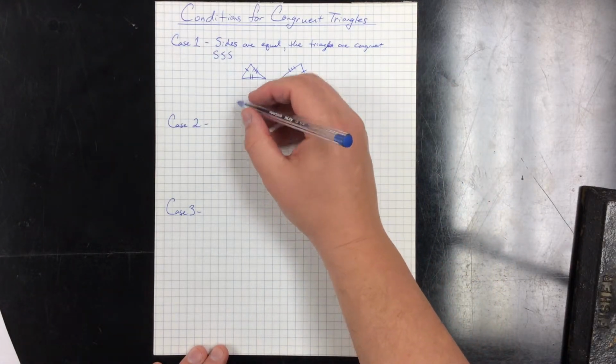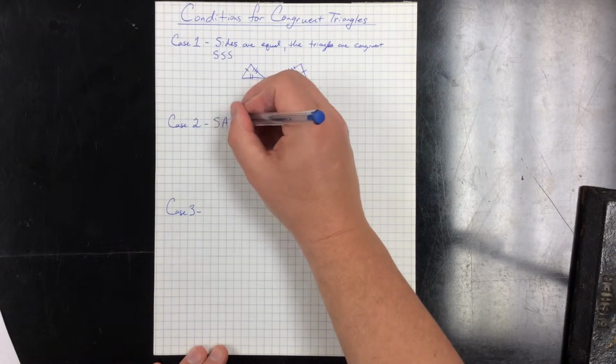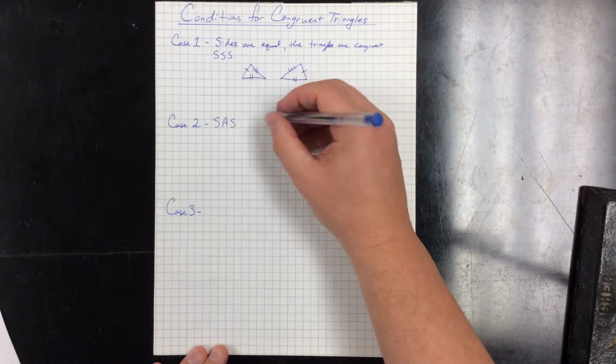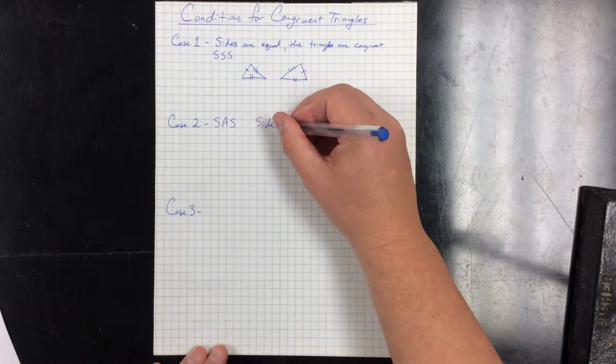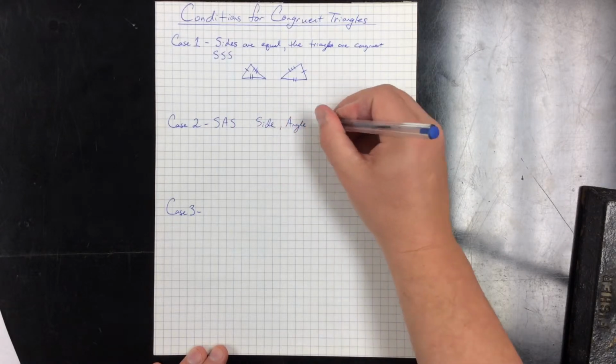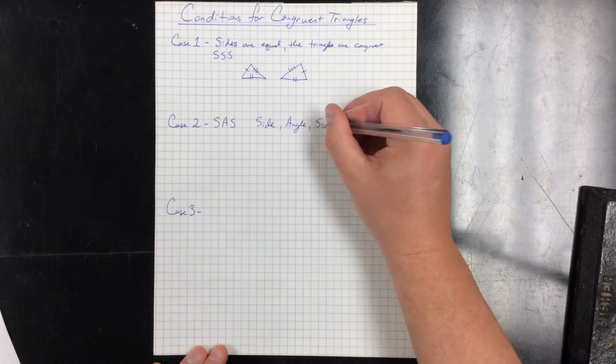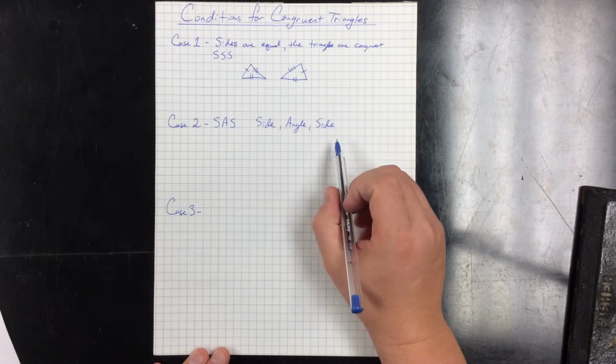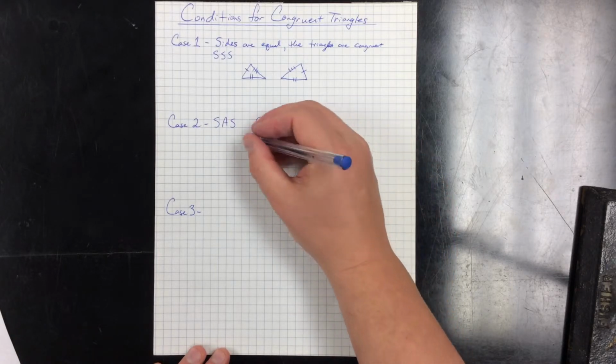Case two is side, angle, side. If these three points are congruent to each other, we know that the triangles are congruent.